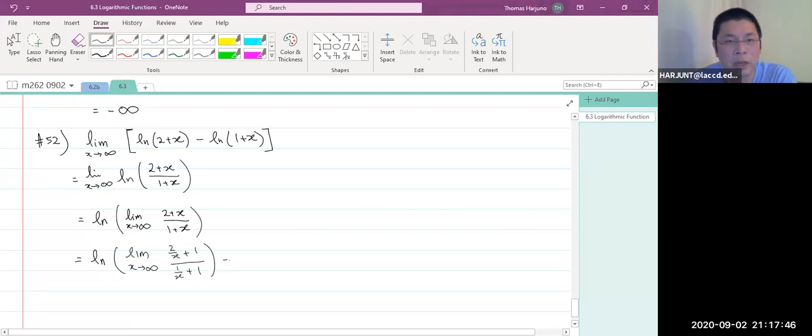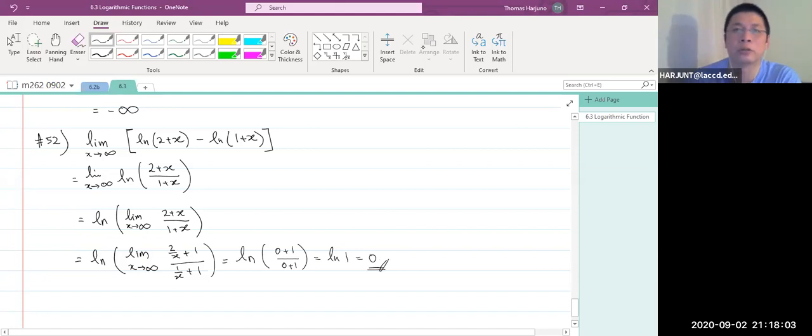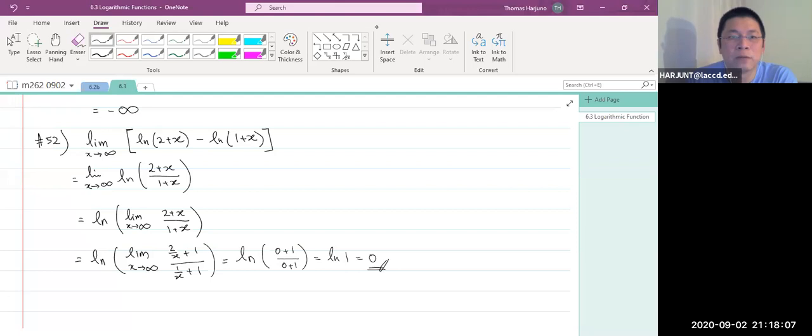Then when we apply the limit, we will get (0 plus 1) over (0 plus 1), which is 1. Therefore, natural log of 1 is 0. That's the proper way to do it. Factor out an x and cancel it. Okay, that makes sense.